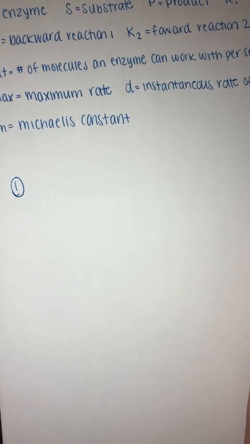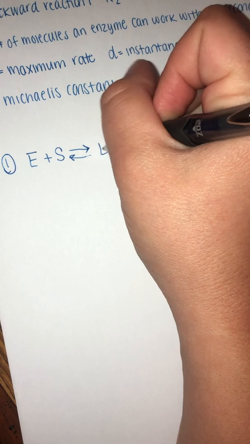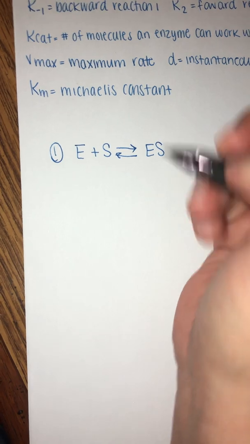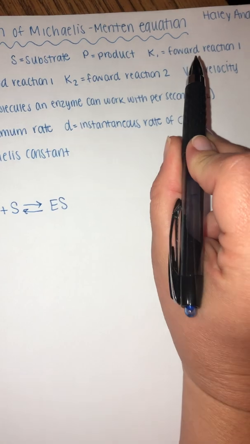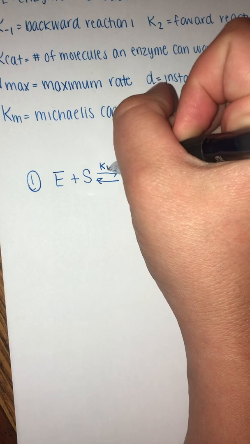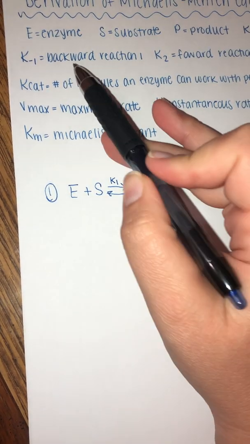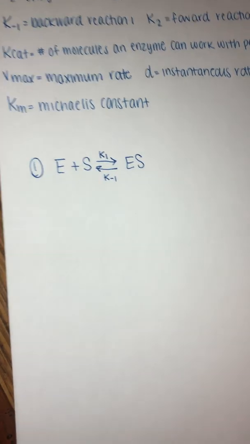We are going to write out the two equations that we'll need to start this. First we will have the enzyme plus the substrate is equal to the ES, which is the enzyme substrate complex. With this, like I said up here, we know that K1 is the forward reaction of step 1, so we can label this K1, and we know that K-1 is the backwards reaction, so we can label this K-1.